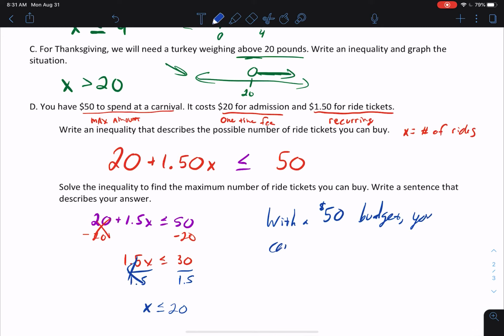You can ride at most 20 rides. That's the most you can do. If you ride the 21st, you're not going to have enough money. So since you're restricted by that $50 max amount, you can ride between 0 and 20 rides. Alrighty, let me know if you got any questions.